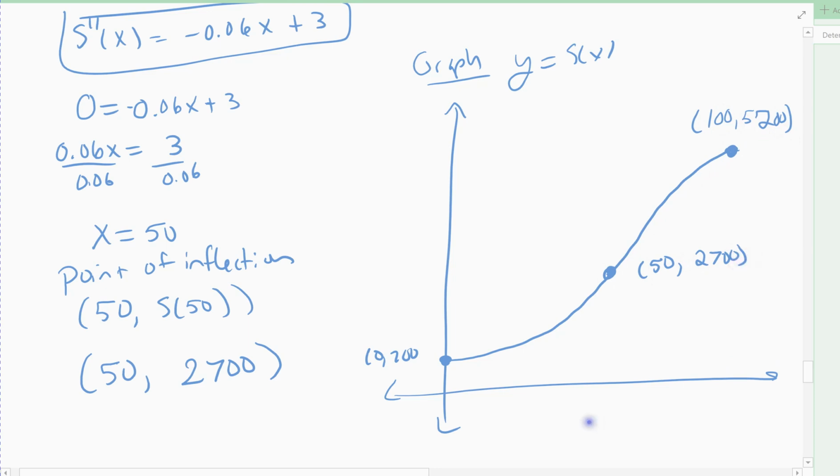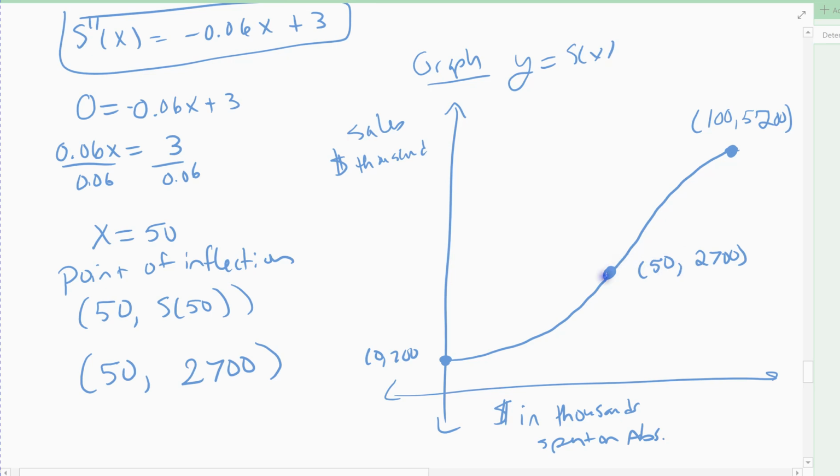So remember, this was the dollar amount in thousands spent on advertising. This is the sales in thousands. How much they got from sales, thousands of dollars. How much they spent, how much they got, everything's in thousands of dollars.